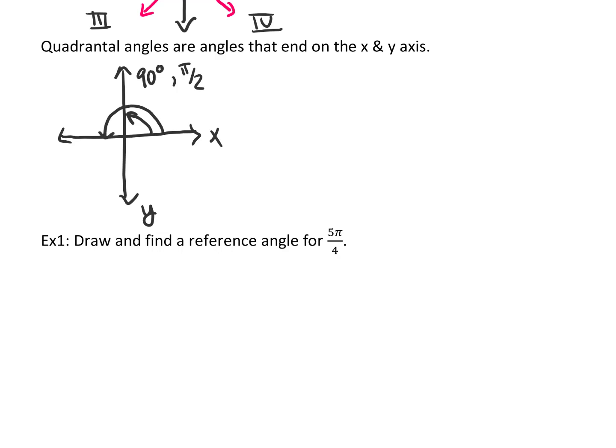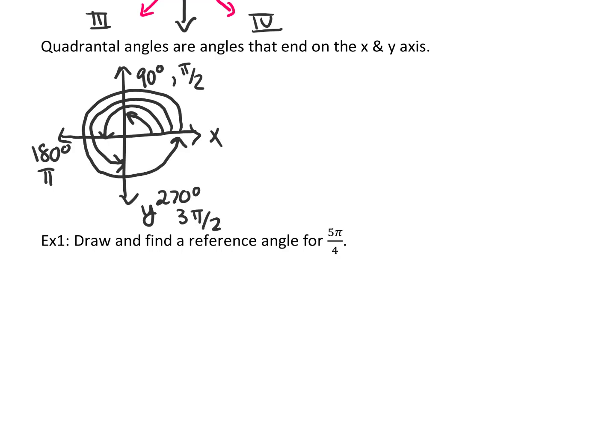We have 180 degrees, which is also pi. We have 270 degrees, which is 3 pi over 2. And then we also have 360 degrees, which is 2 pi.